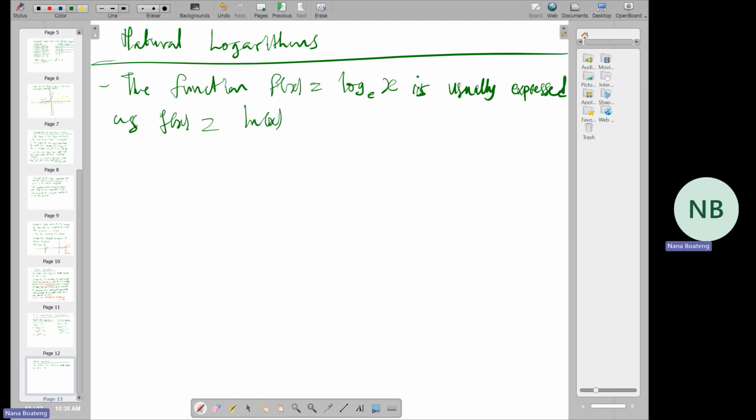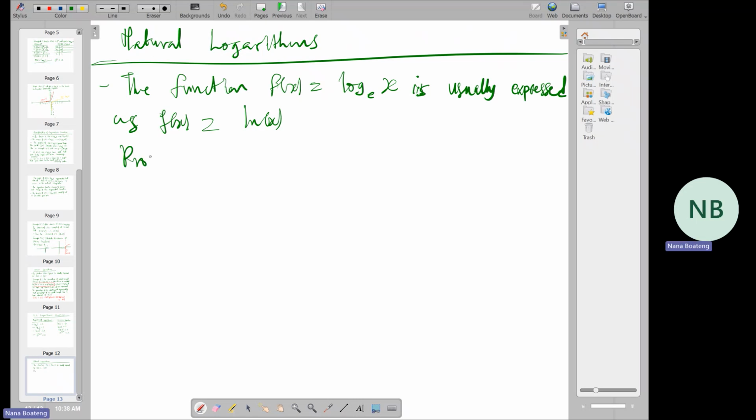So the log to the base e of x is expressed as ln of x, and we call this the natural logarithm. So log to the base e is a natural logarithm, which we write as ln of x.